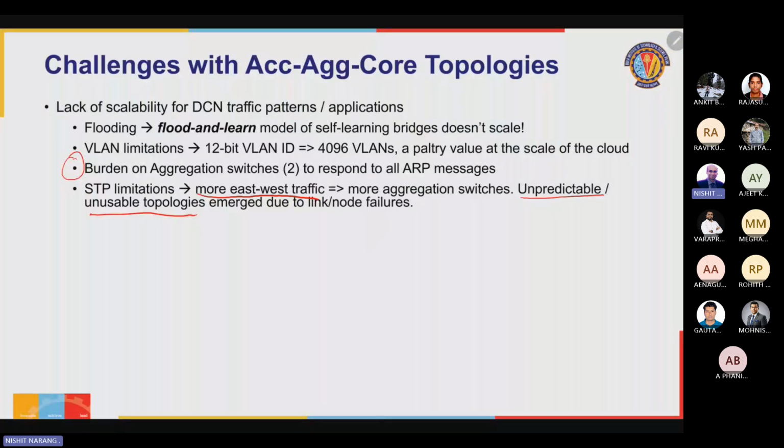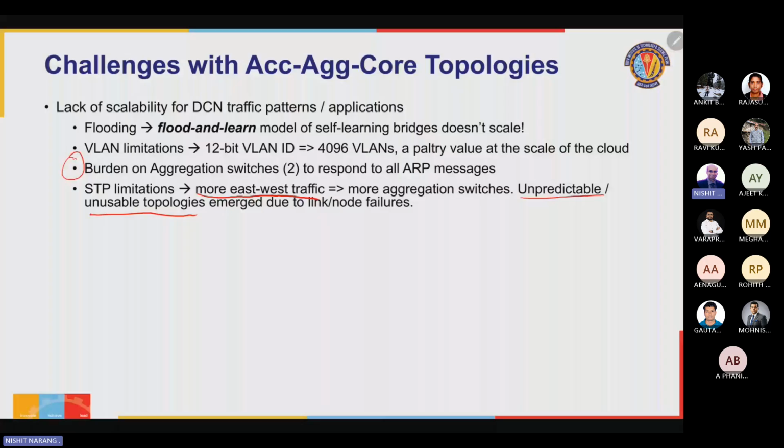In large scale data centers, when you have a lot of aggregation switches and a lot of access switches, a lot of redundant links, and then multiple faults happen one after the other, STP sometimes cannot address it, ends up giving you certain unpredictable, unusable topologies, and then manual administrator intervention is needed to sort out the situation.